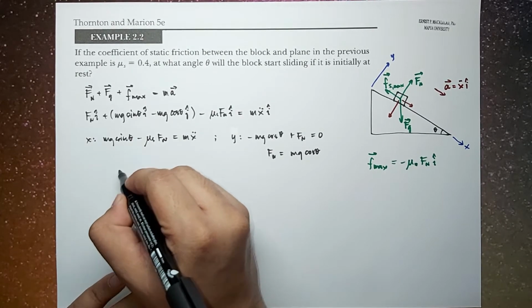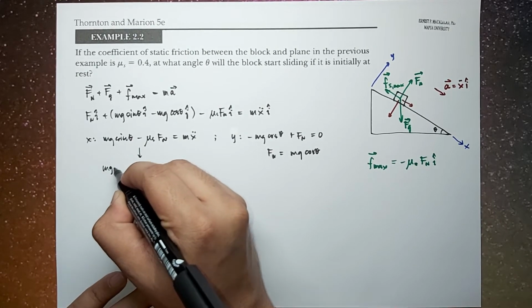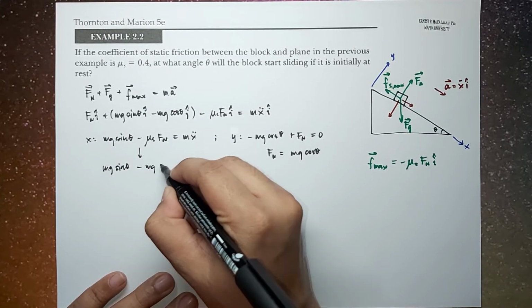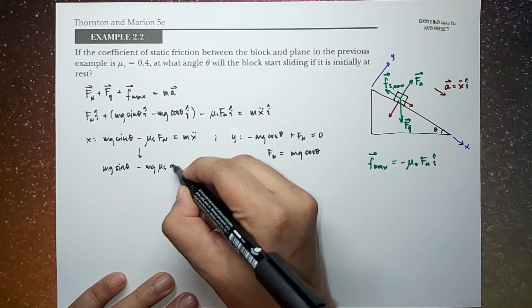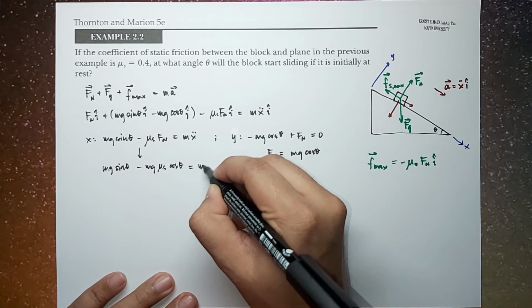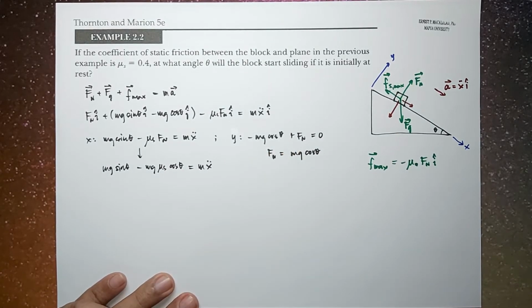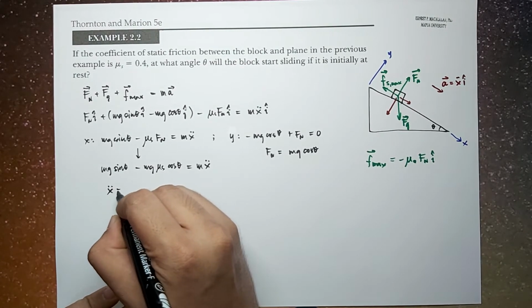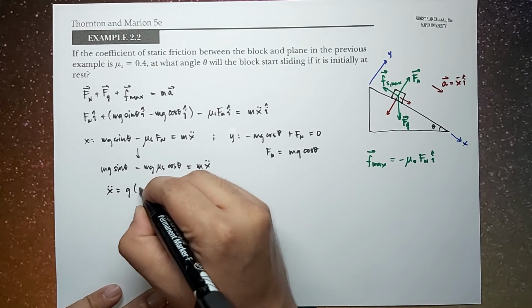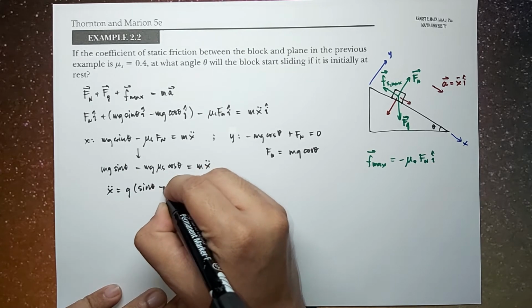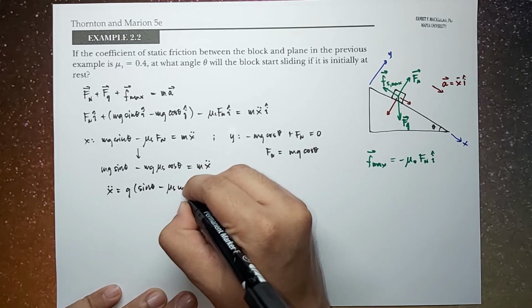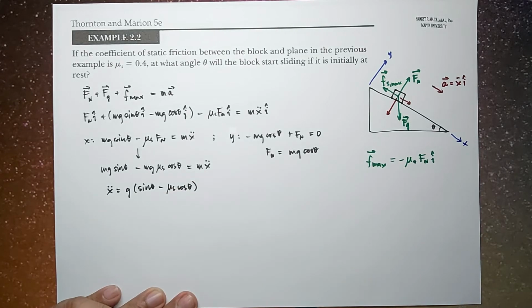So this means that this becomes mg sine theta minus mg mu s cosine theta. This is equal to m x double dot. Therefore, the acceleration will now be equal to g times sine theta minus mu s cosine theta.